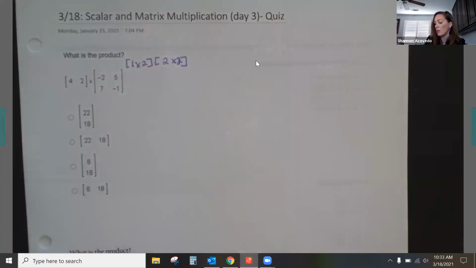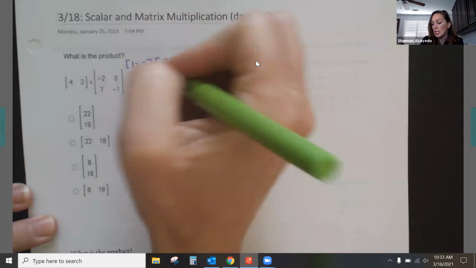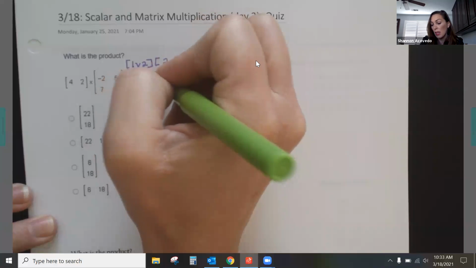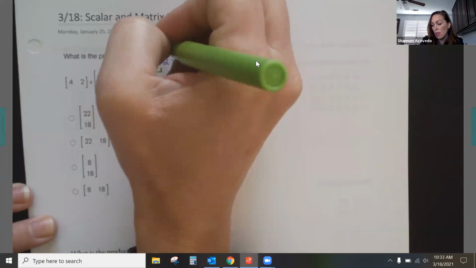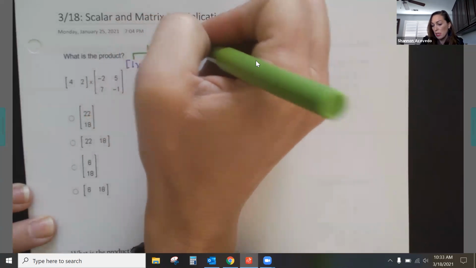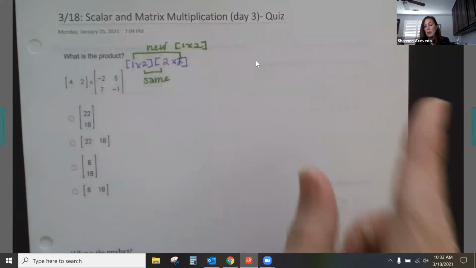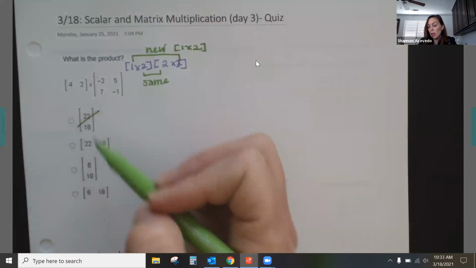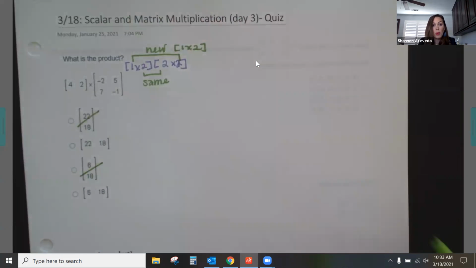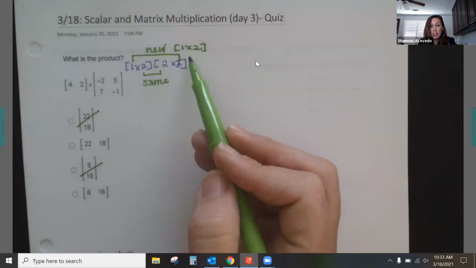Since these values in the middle are the same, we can multiply them. My new dimension is going to be a 1 by 2. So my answer has to be a 1 by 2, and I could automatically cross these out because these are 2 by 1. So I know one of these two is my answer just because I know what the dimensions are.